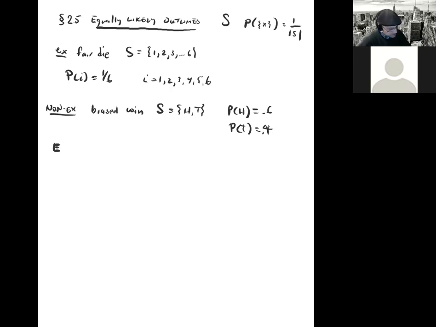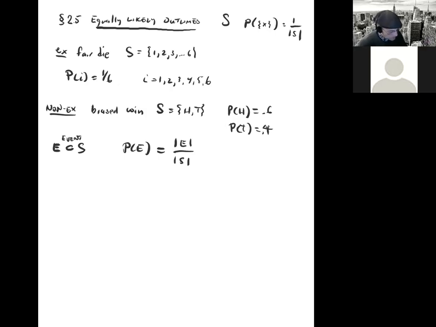If E is an event that's a subset of S, then the probability of E is given by the number of elements in E divided by the number of elements in S. And that's by axiom number 3, which says we can write E as a collection of mutually exclusive singletons.